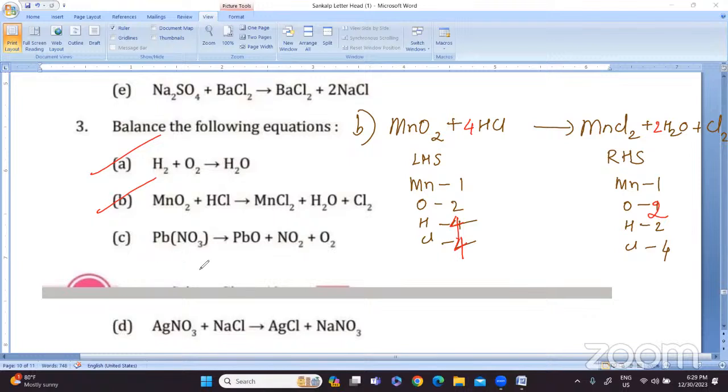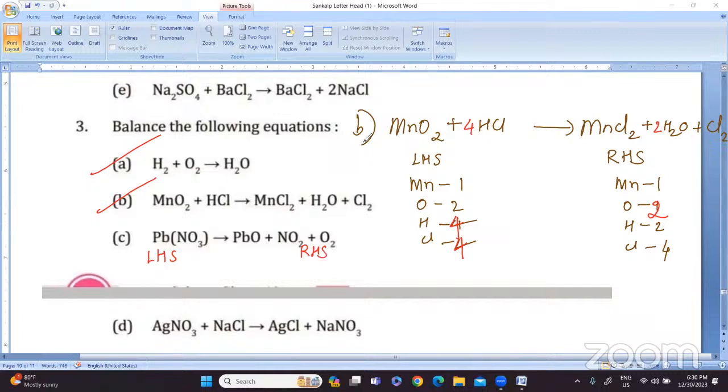Next. PbNO3 giving you PbO plus NO2 plus O2. Now here students, left hand side and right hand side. Left hand side PbN oxygen.